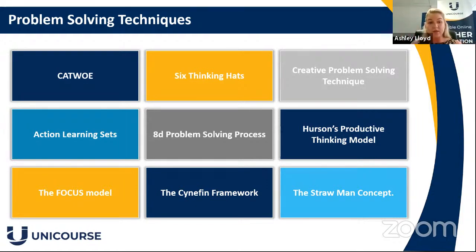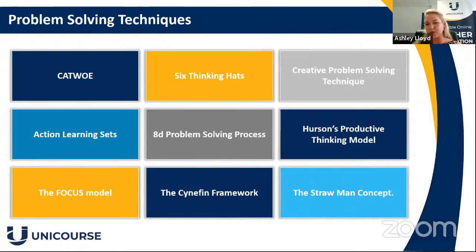Now, Ford Motor developed this process, and it doesn't stand for different Ds or anagrams or whatever. It basically starts from D0 to D8, and D0 starts with preparing and planning for the actual process, and D8 ends with closure of the actual thinking process.